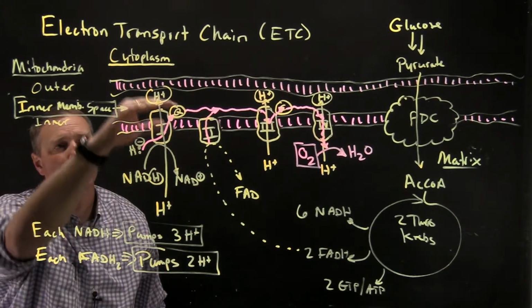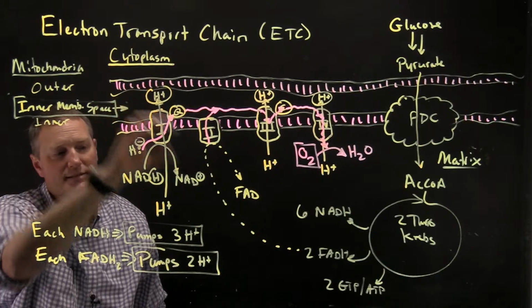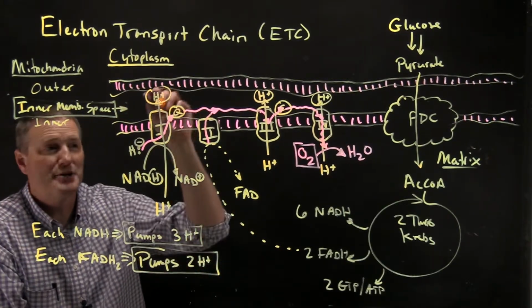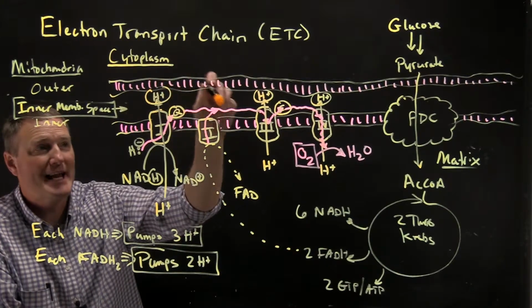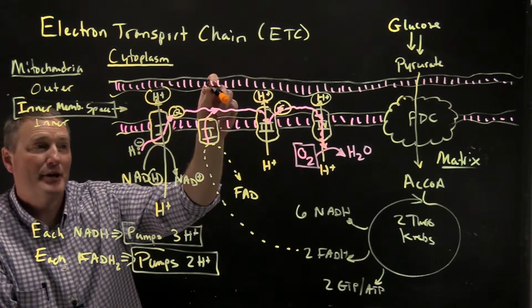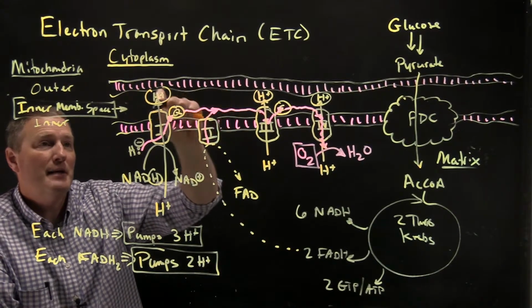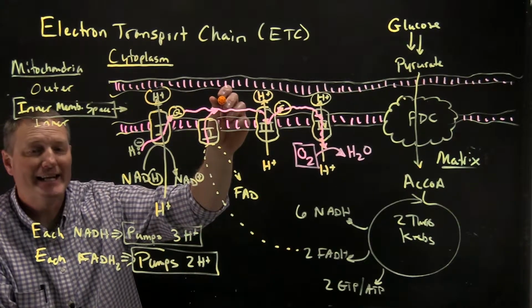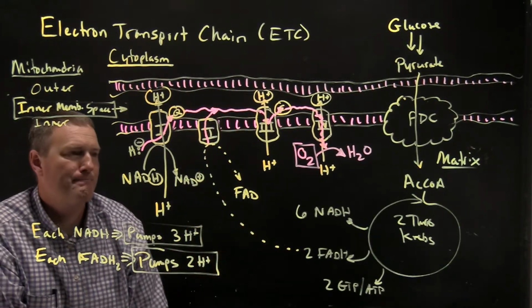So there are going to be more protons in the inner membrane space than there would be in the matrix. If you were to take a little micro pH probe, let's say, and you could somehow stick it into the inner mitochondrial space, and you measured the pH, because the protons are building up more here, this would be a little bit more acidic than the matrix would be.